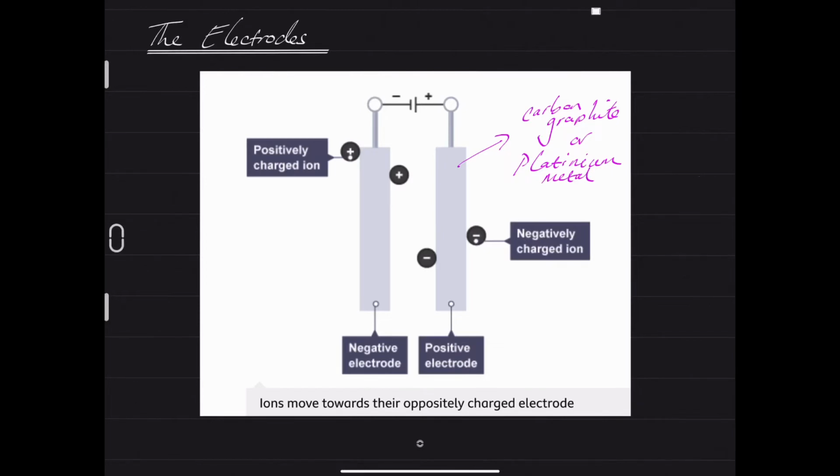We don't want side reactions happening when the product is formed, and we don't want side reactions happening when there is a molten state electrolyte or an aqueous solution. So for that reason, we use inert or unreactive substances.